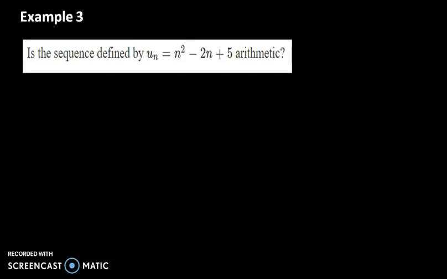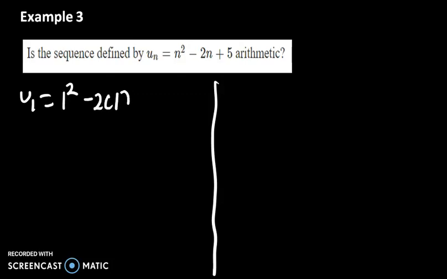Okay, let's see whether this next one is an arithmetic sequence or not. The way we can find out is to substitute for u1, u2, and u3. So that becomes 1 squared minus 2 times 1 plus 5. That gives us 1 minus 2 plus 5, that is 4.